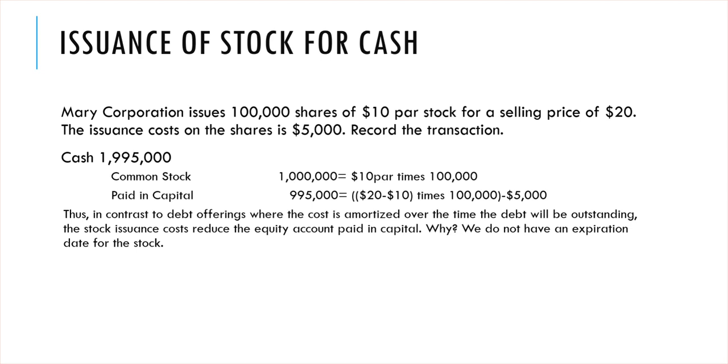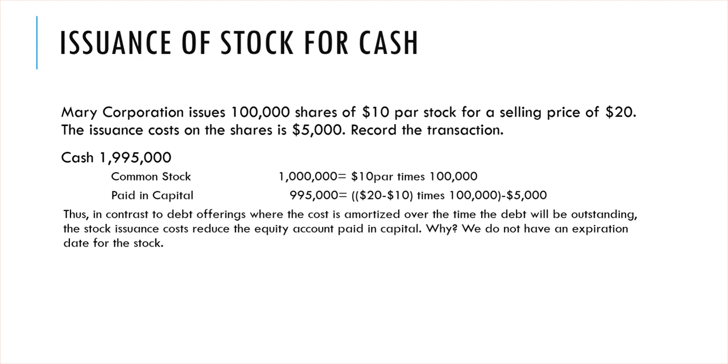Usually the influx of cash is a net amount, which is minus the 5,000, or $1,995,000.